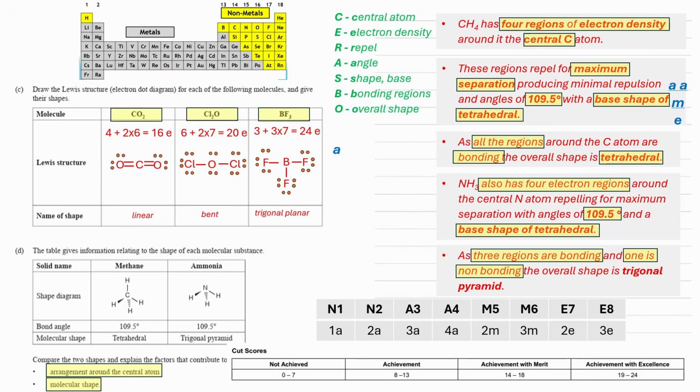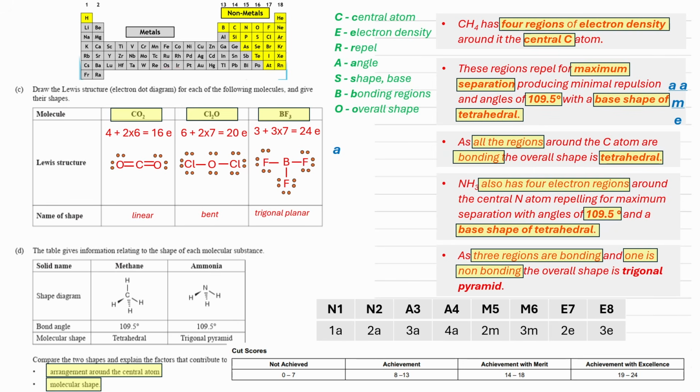I don't know why I said this was bent before, it's trigonal pyramid shape for ammonia. Did you fully explain each substance, including the number of areas of electron density and number of lone pairs determine molecular shape? Yes, we did, but remember, we didn't call them lone pairs, we called them non-bonding regions, but they are the same thing, so you can get away with that.